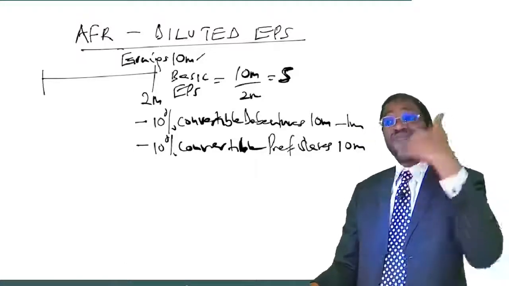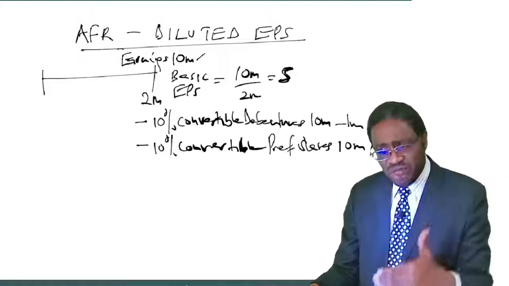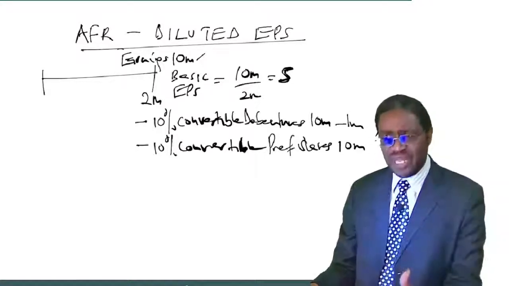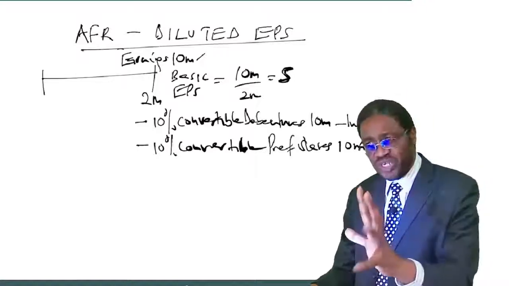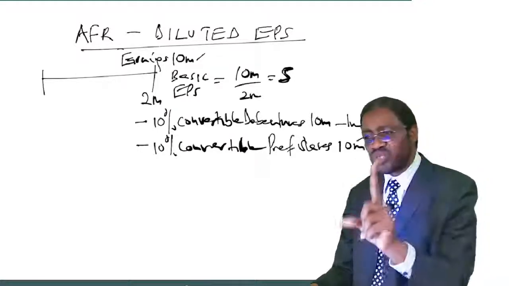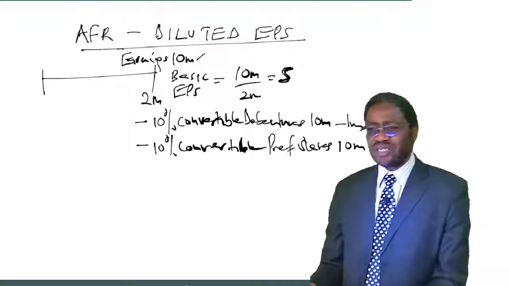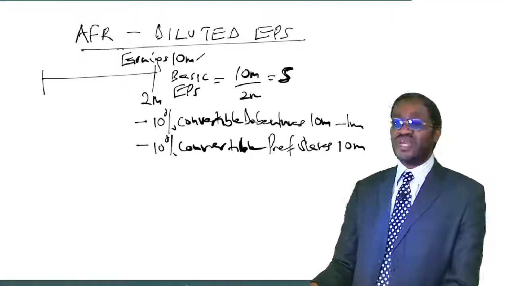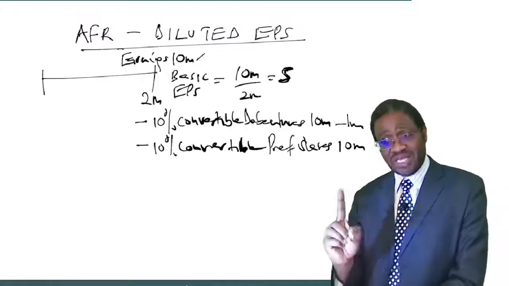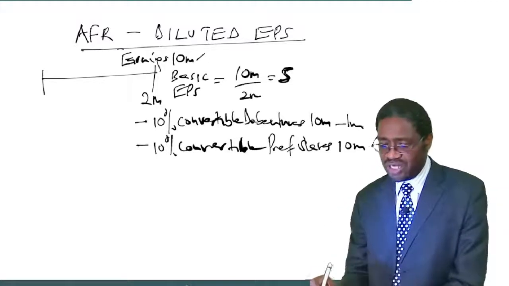In future, if these preference shareholders want to convert their preference shares into ordinary, they will be given some more shares for free, and therefore they will dilute the interest of the existing shareholders. We shall talk about that in a short while.